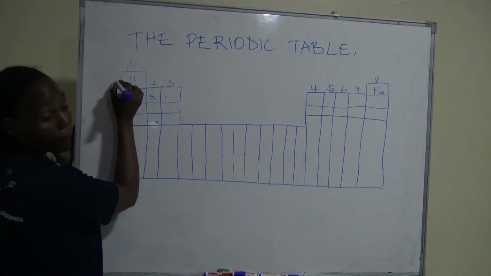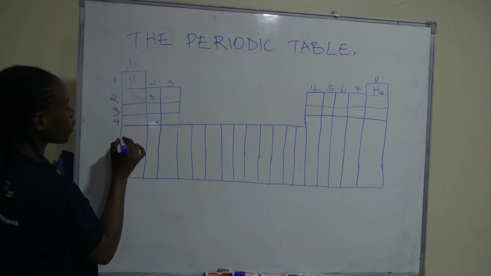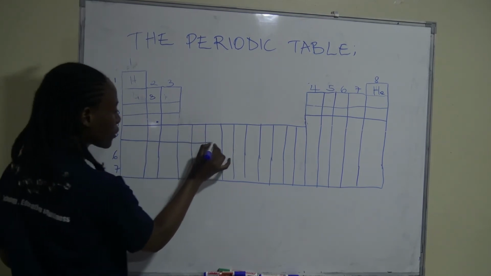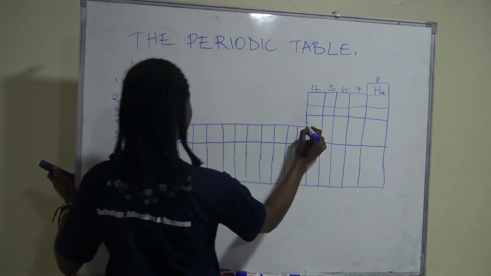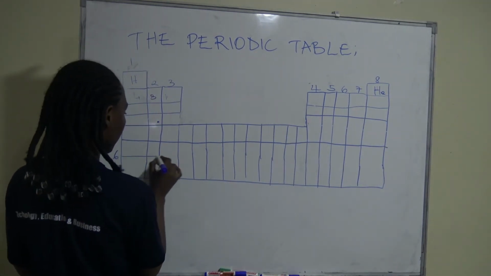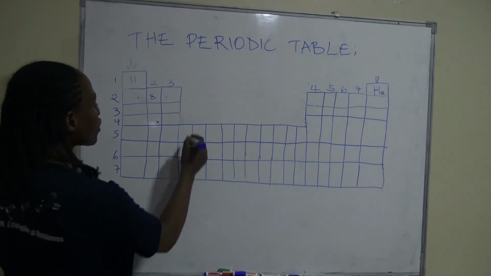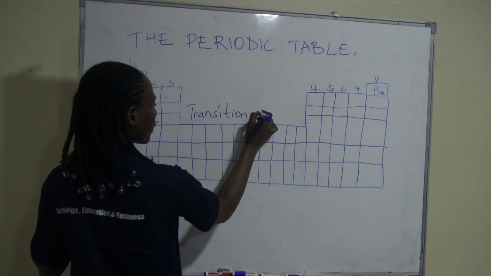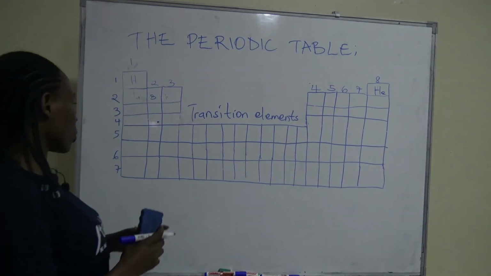So this would be period 1, period 2, 3, 4, 5, 6, and 7. So the ones here are the ones we call the transition elements, and most of them are metals.